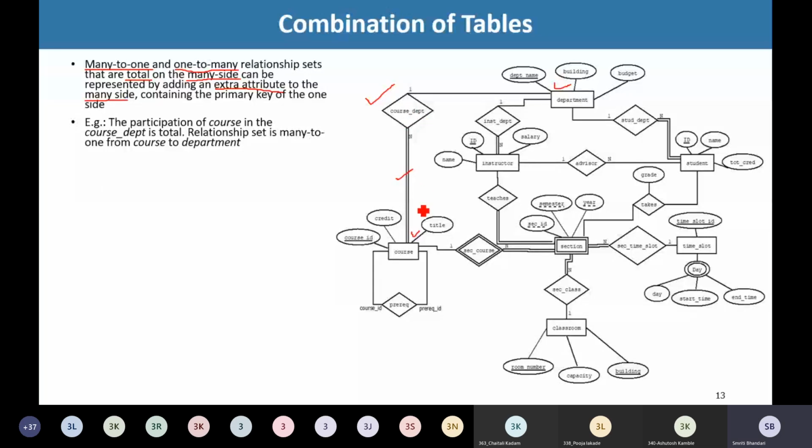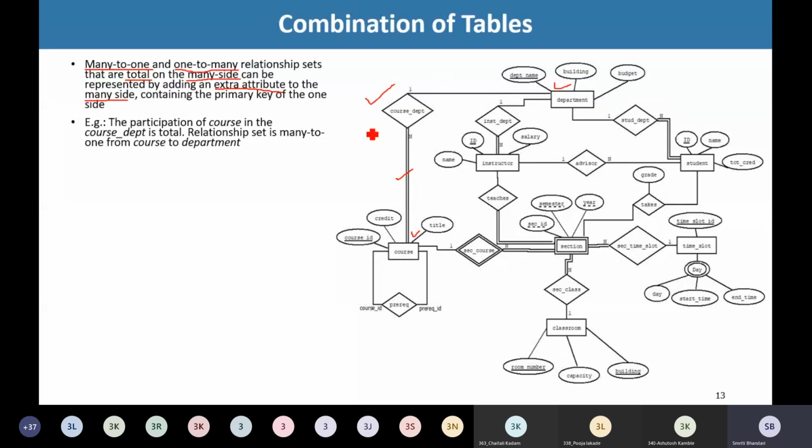So course is the many side, and towards the many side I have total participation in my relationship set. Is that correct? Yes, ma'am. Fine. So now we are going to apply the rule.